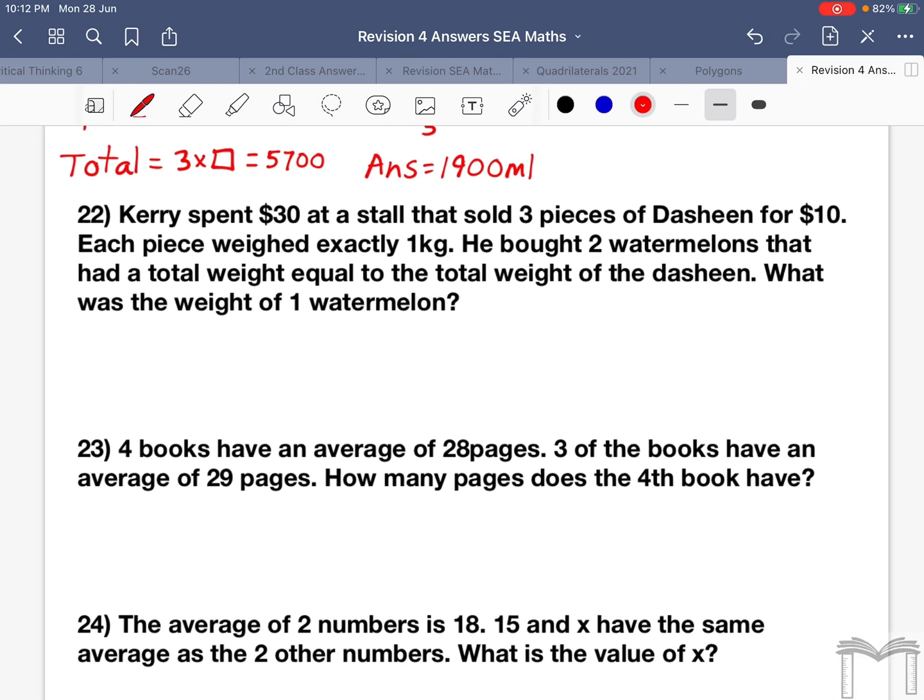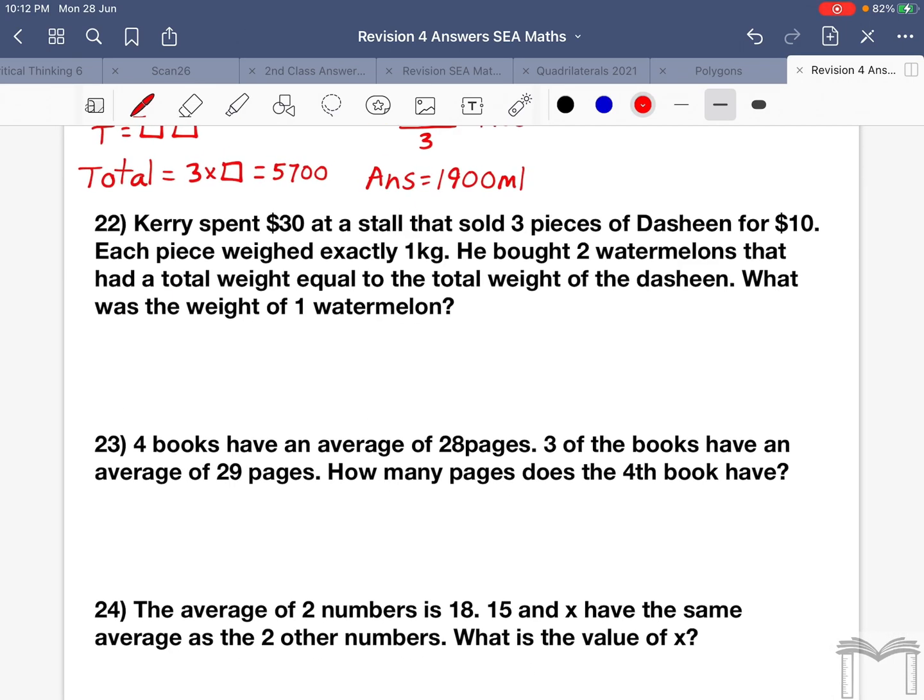Number 22. Kerry spent $30 at his stall that sold 3 pieces of dasheen for $10. Each piece weighed exactly 1 kilogram. He bought 2 watermelons that had a total weight equal to the weight of the dasheen. What was the weight of 1 watermelon?